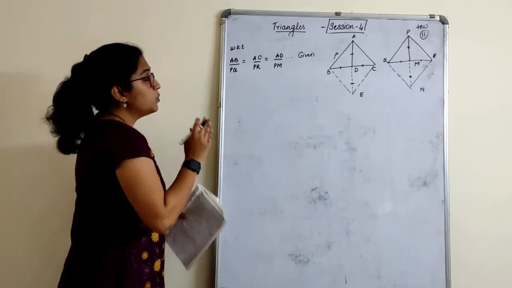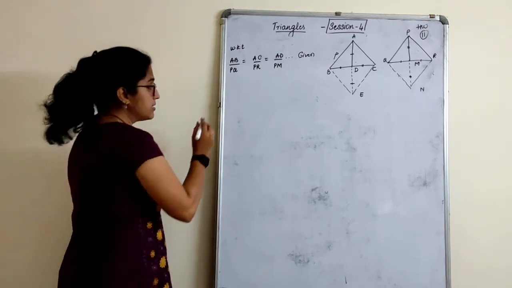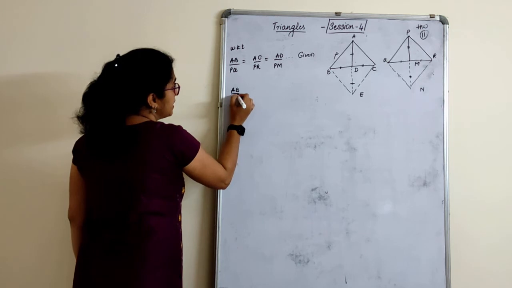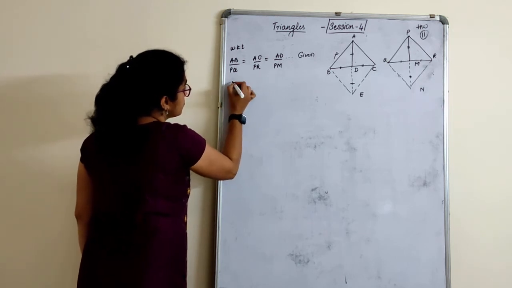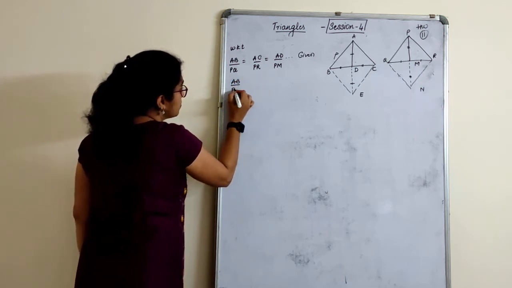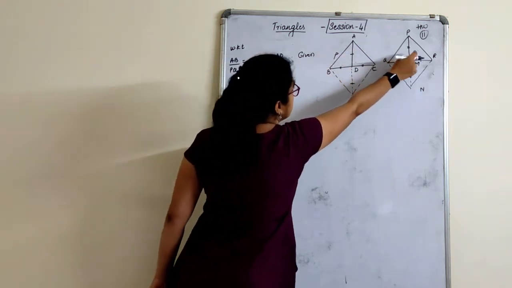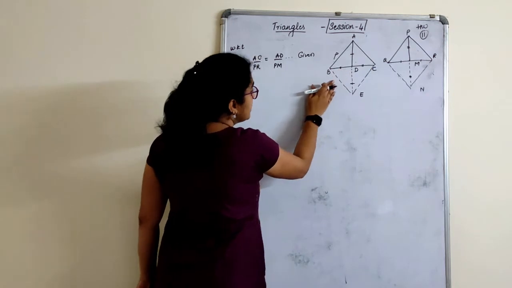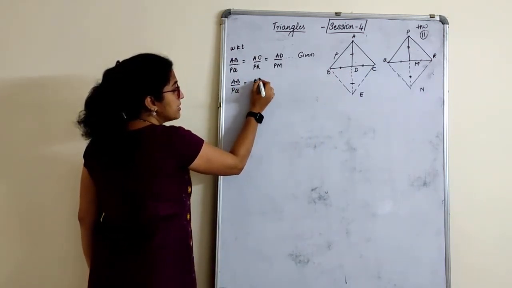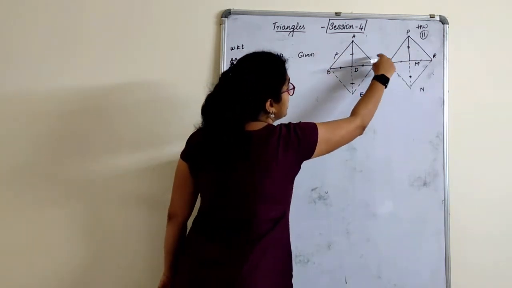Now I'll keep AB upon PQ as it is. AC upon PR, children. Can I write AC as BE? Opposite sides are equal. Can I write PR as QN?